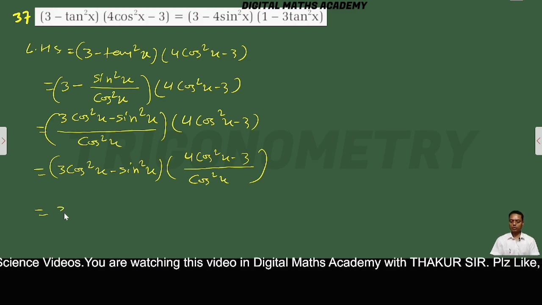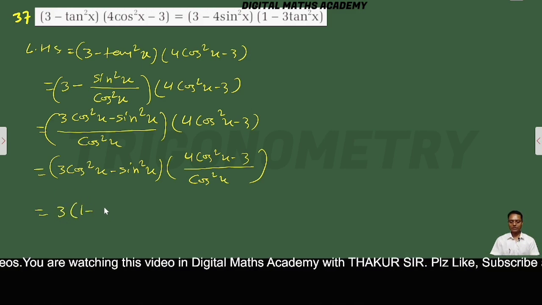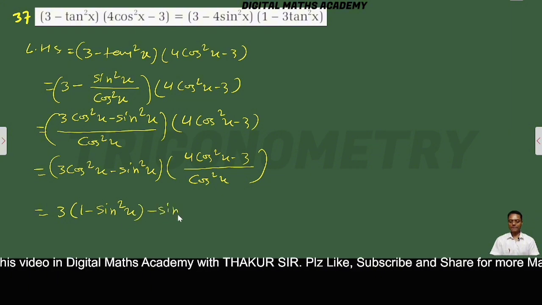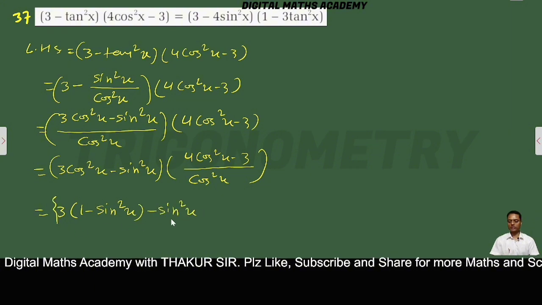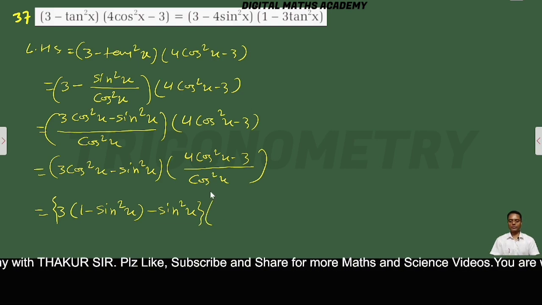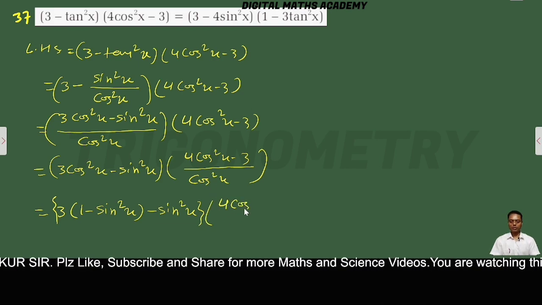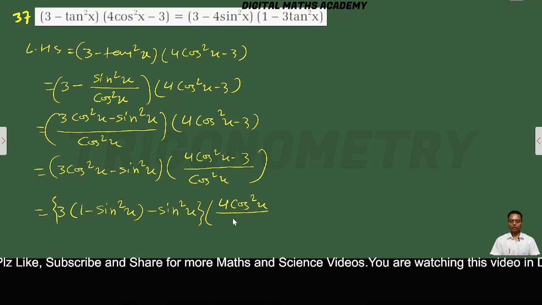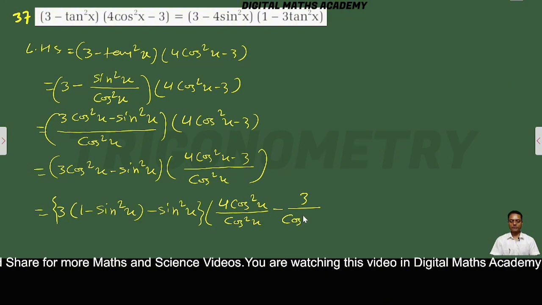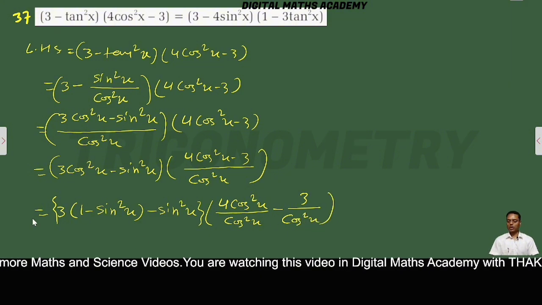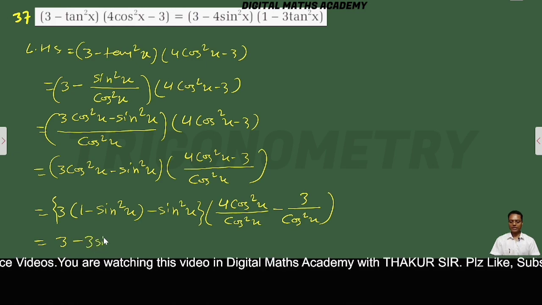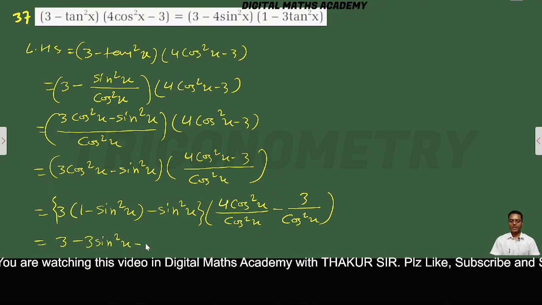So we change cos square into sin square, that is 1 minus sin square x, and here we already have sin square x. So this is the first factor. And second factor, we separate the base. So we have here 4 cos square x by cos square x minus 3 by cos square x. Now just open the bracket. So we have here 3 minus 3 sin square x minus sin square x.